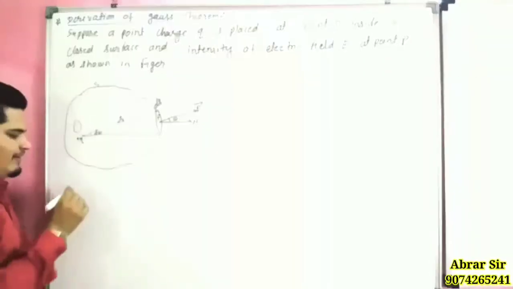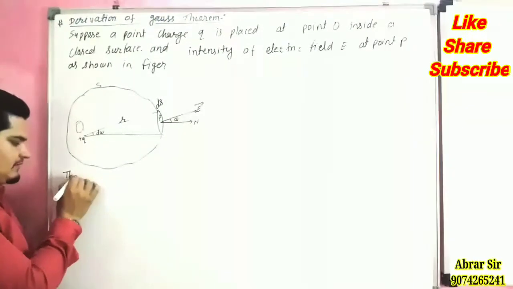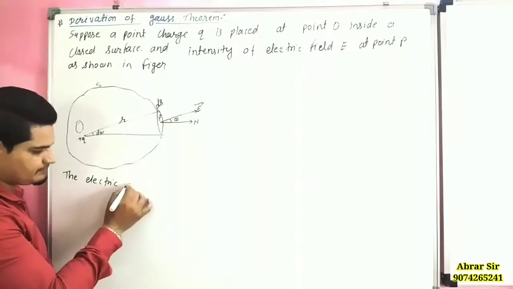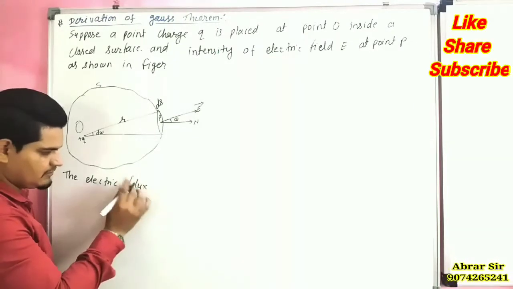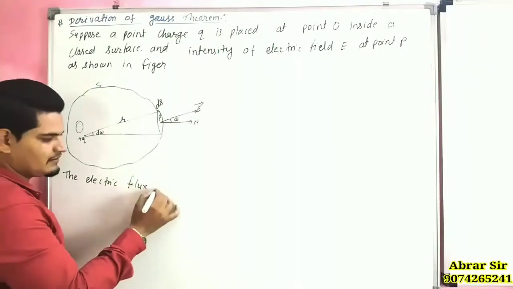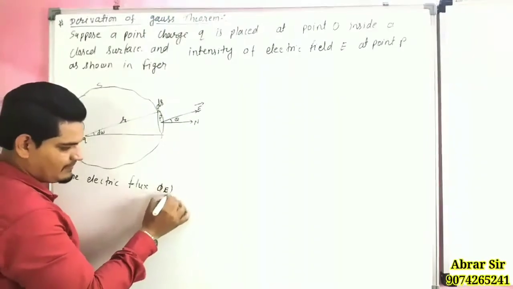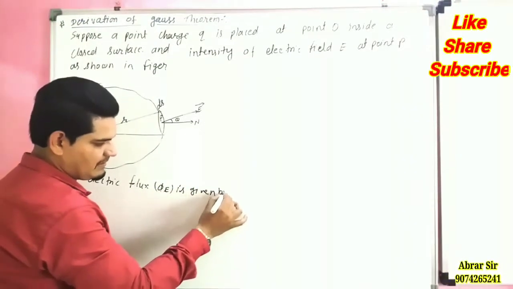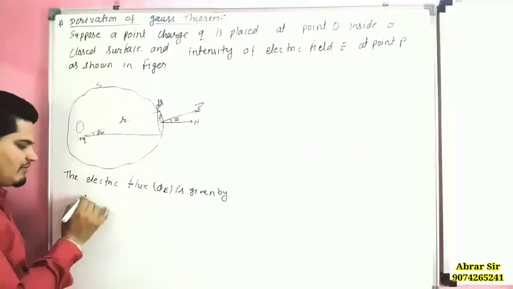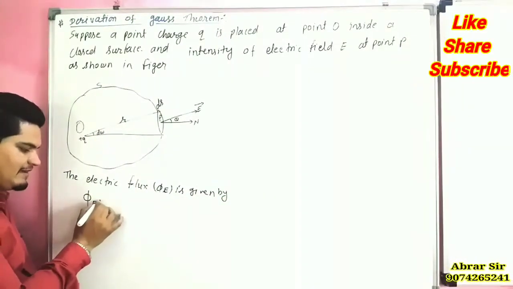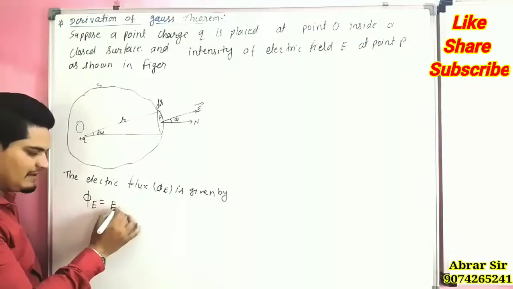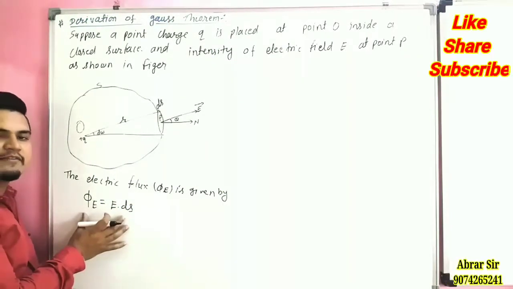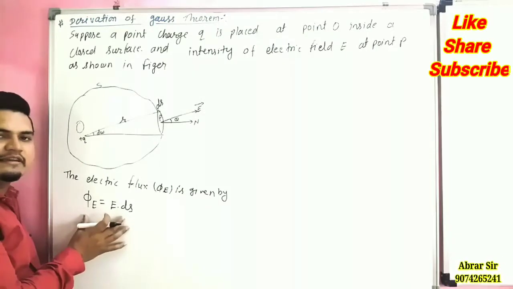Now the electric flux, not field, flux phi E, is given by the formula phi E equal to E dot ds. This is the formula of electric flux. We already studied it in the previous video.